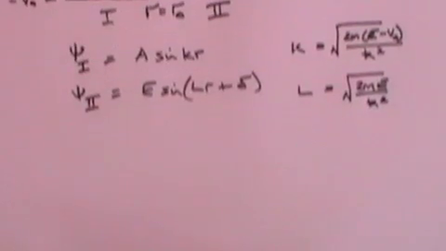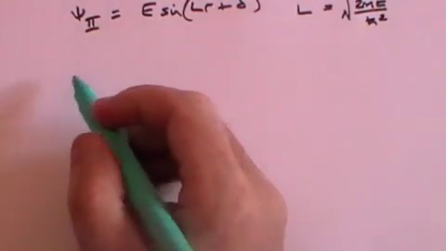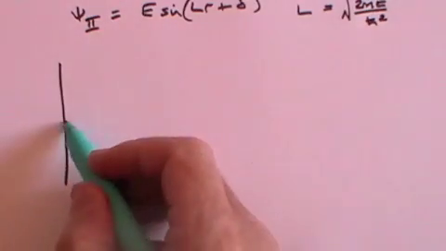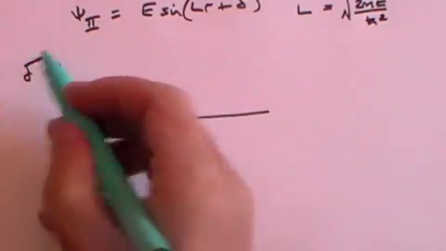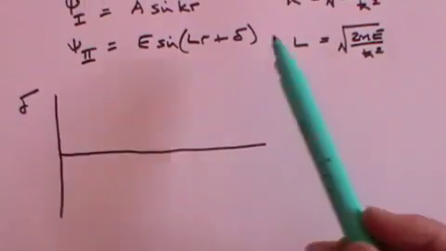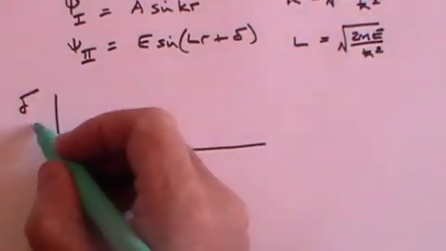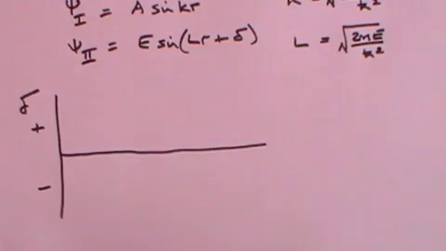Now I want to describe some experimental results for neutron-proton scattering. And what we're going to measure is the value of delta, this phase angle. This is positive and this is negative.